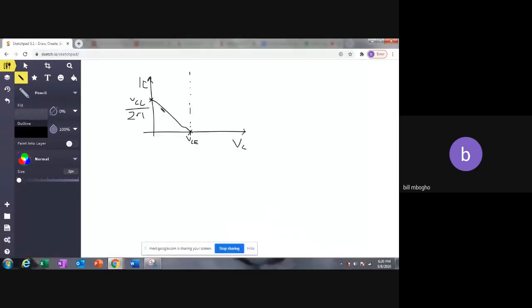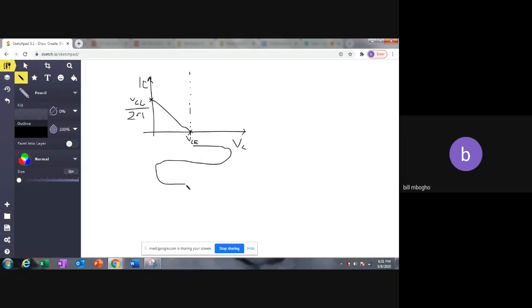For output power, you need to think of how our output curve is going to look. For this class AB amplifier, because we have NPN and PNP, our output voltage comes like that.